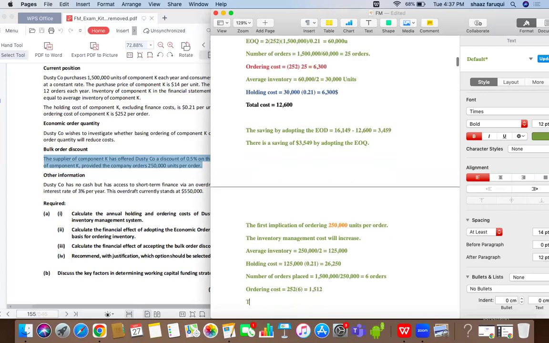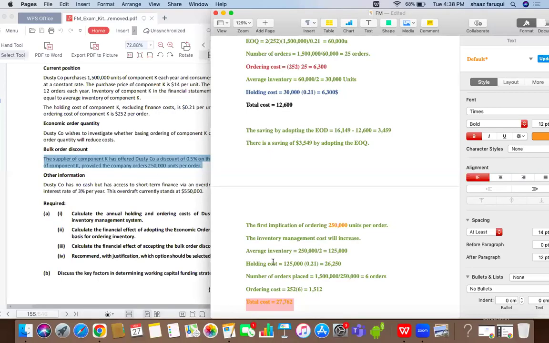Therefore, the total inventory related cost will be 26,250 plus 1,512, which is 27,762. It is miserable.